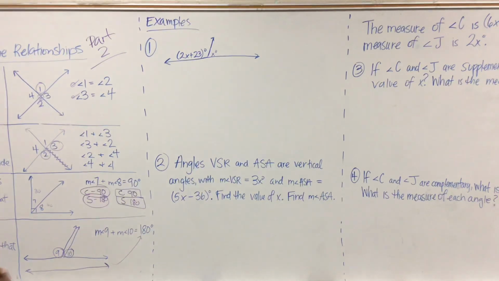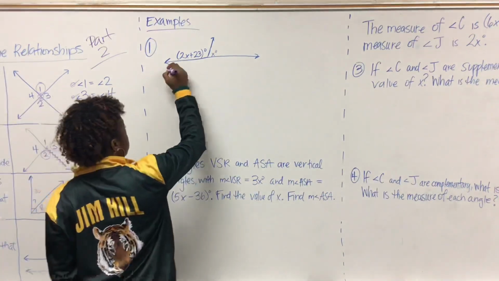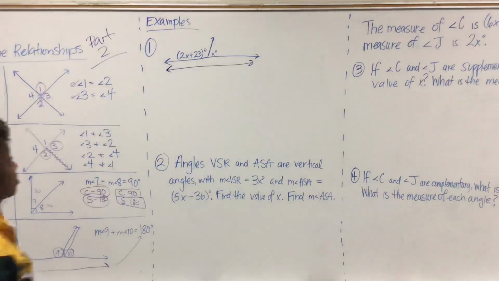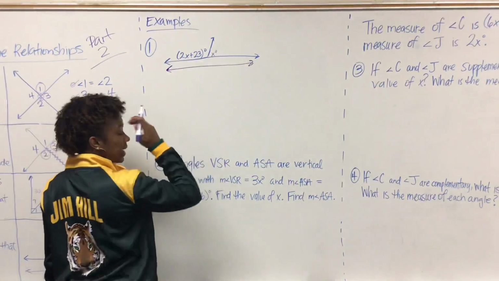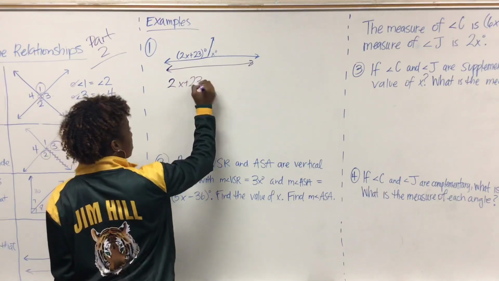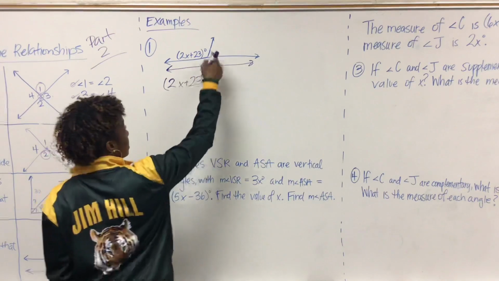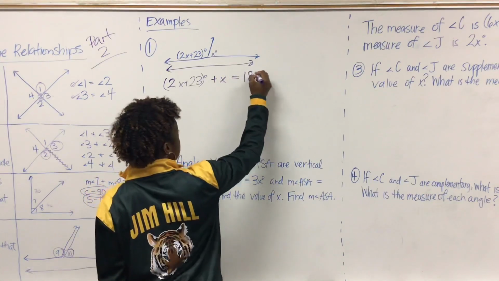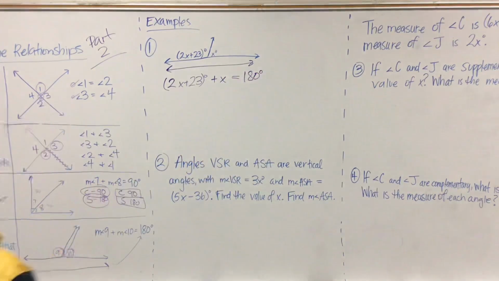Now, we know that if we add these two together, this is a straight line. So write down exactly what you know. I know that (2x plus 23) degrees plus x should equal 180 degrees. That's just by observation, okay?